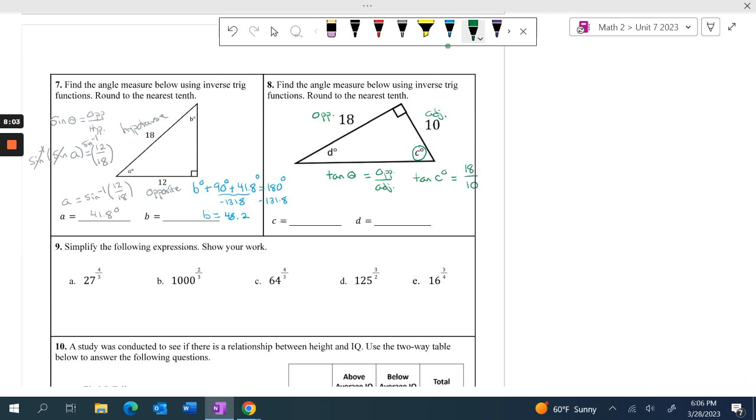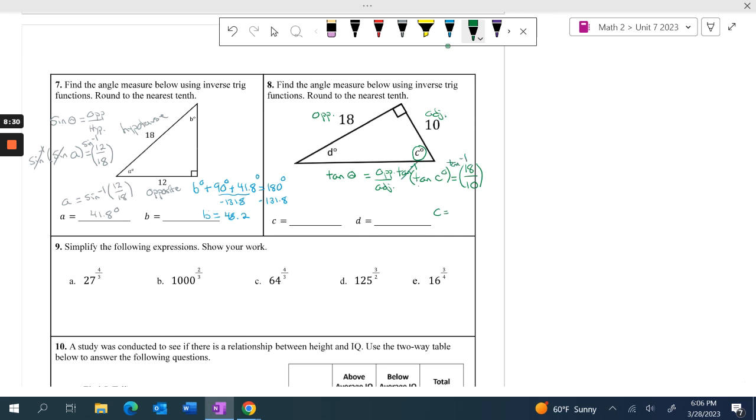So my equation is tan C is equal to 18 over 10, and C is going to be my answer in degrees. In order to solve for C in this problem, I need to eliminate tangent. The way that I do that is I multiply both sides of the equation with the inverse tan, which we represent as tan with a -1 exponent.